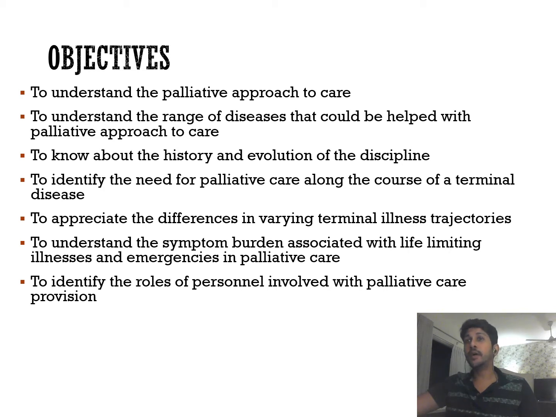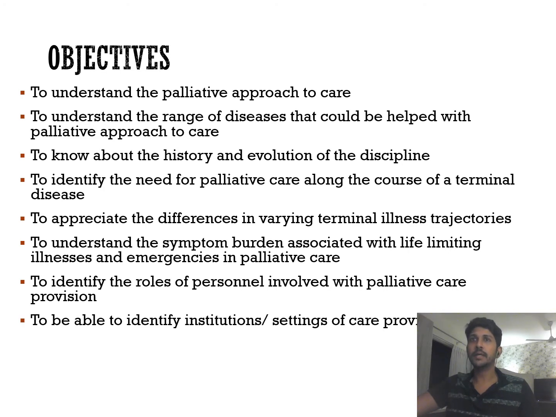Then we will identify the roles of different personnel involved with palliative care provision. Then we will try to identify the institutions and settings where palliative care is provided in the global context as well as in the Sri Lankan context.